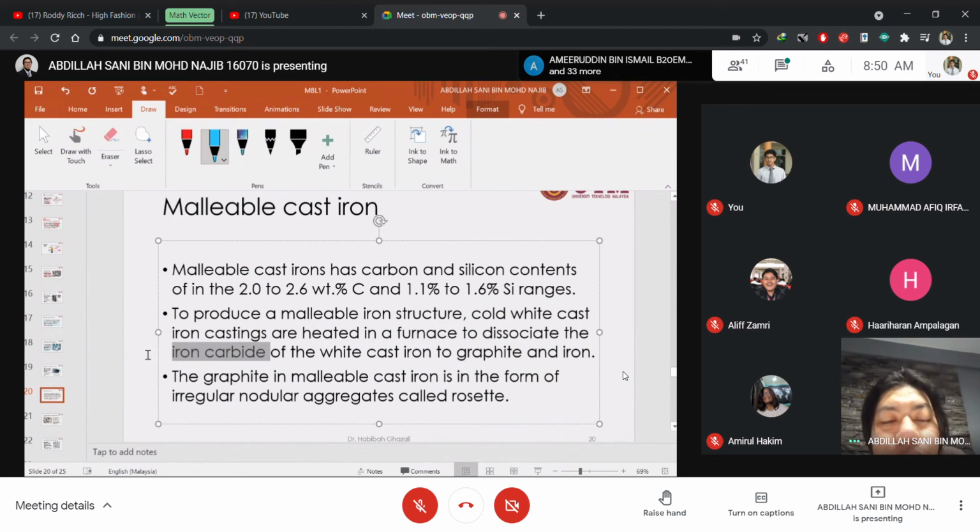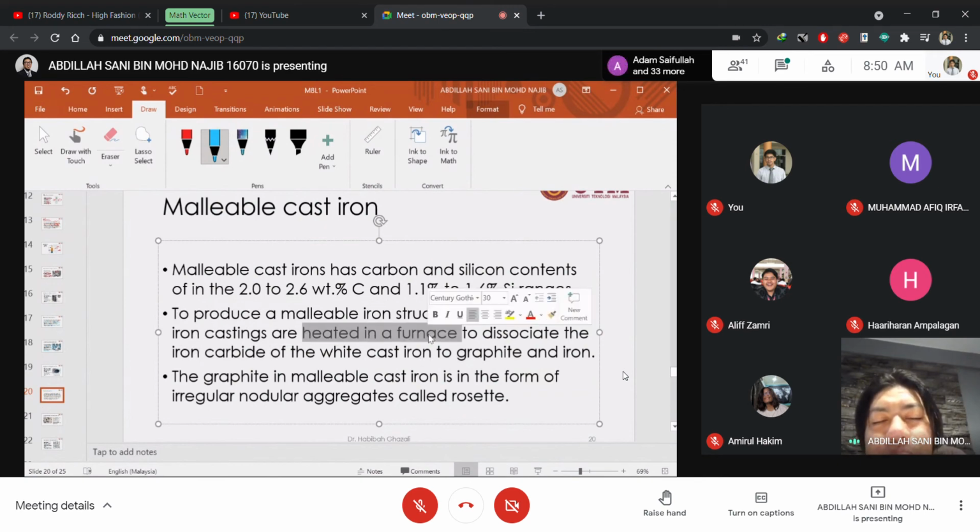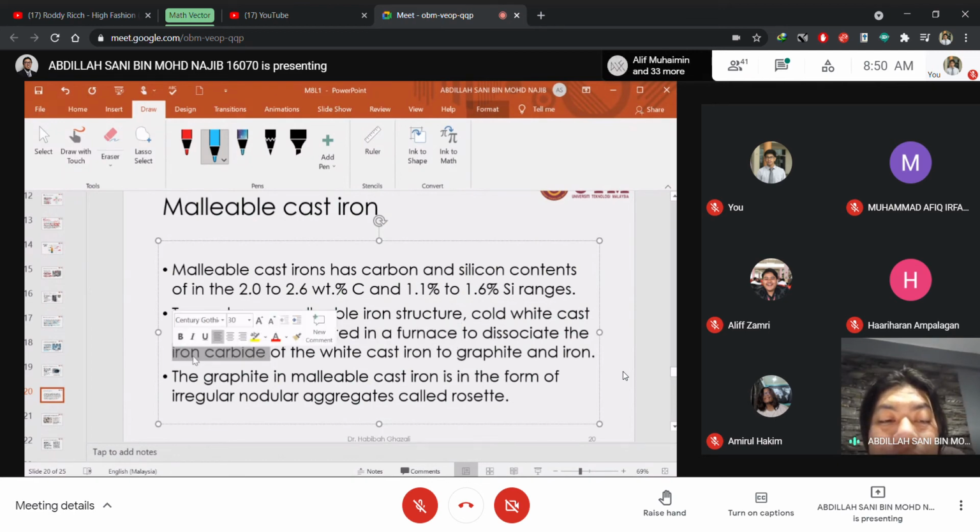By heating in a furnace, we promote diffusion, and this iron carbide is metastable.